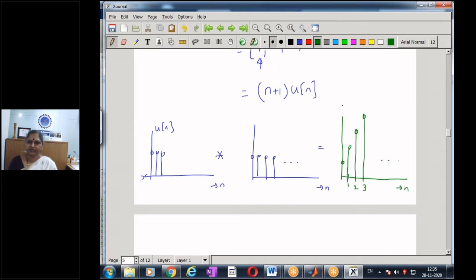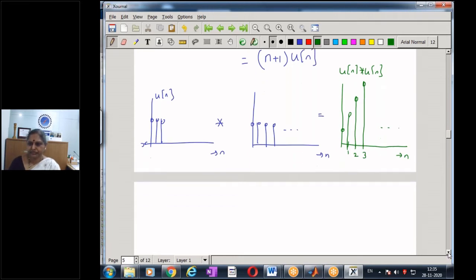This is my convolved sequence. So u of n convolved with u of n. This is the result we got by using the direct equation.